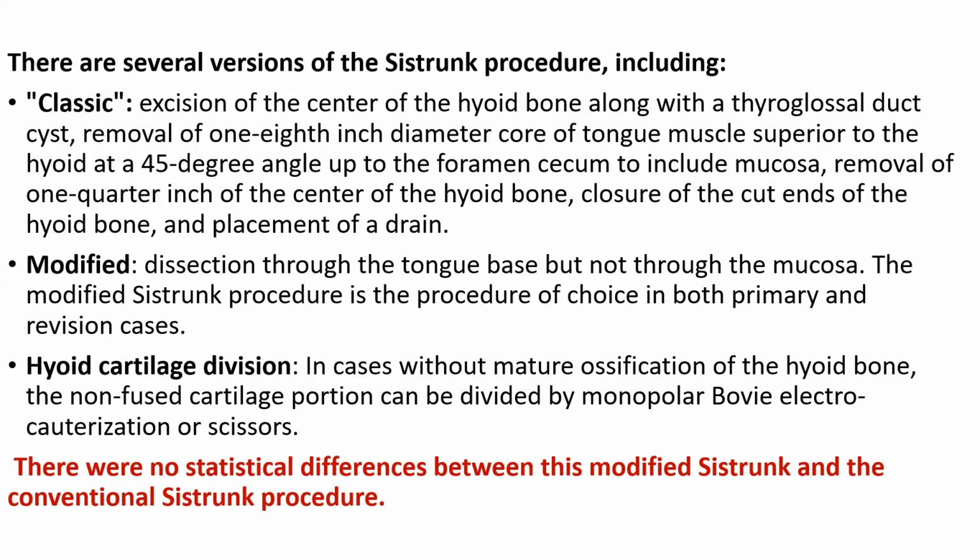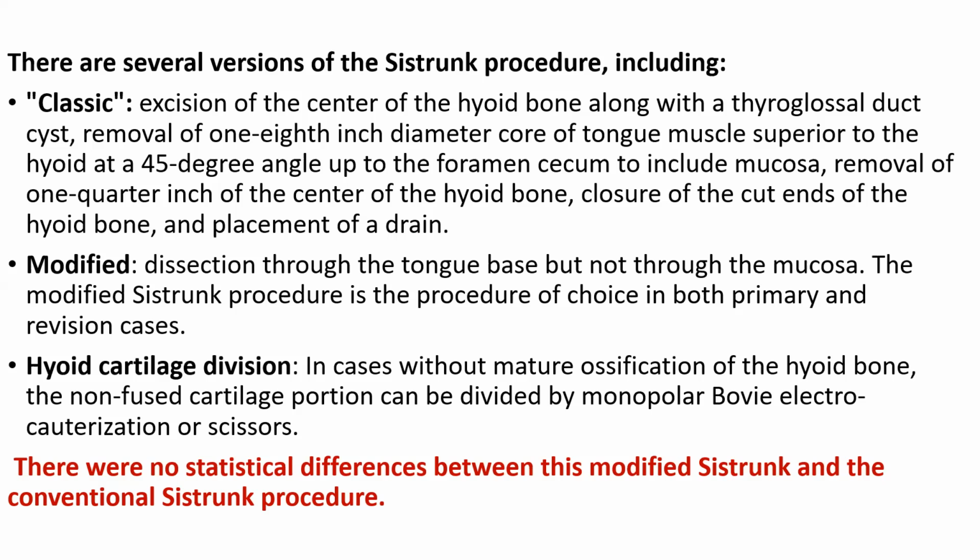This is with the excision of the center of the hyoid bone along with the thyroglossal duct cyst. Remove 1/8 inch diameter of the hyoid bone at a 45 degree angle to the foramen cecum to include mucosa. Remove 1/4 inch of the center of the hyoid bone, closure of the cut ends of the hyoid bone, and replacement of the drain.